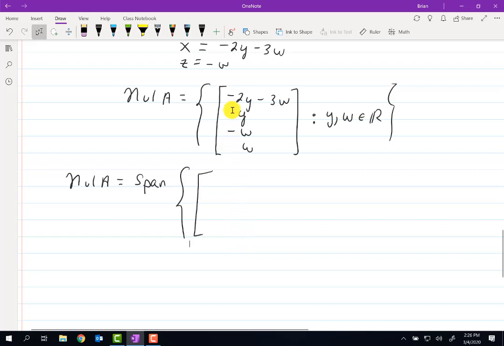If I consider vectors using only y's, I can have a negative 2, a 1, but then there's no y's in these last 2 rows, so I can do zeros for those. And then over here, what you can do is let w be equal to 0 to get this vector. Now I can allow y to be 0 to get this vector.